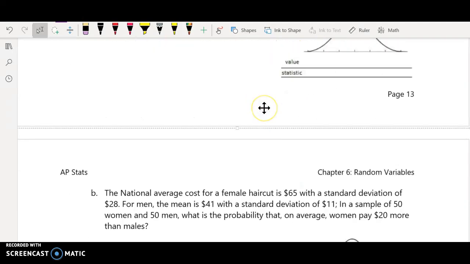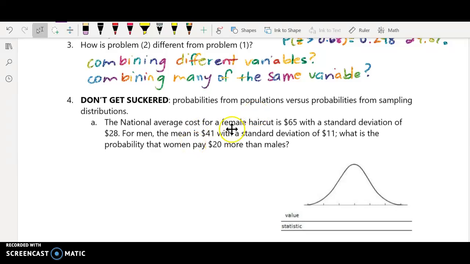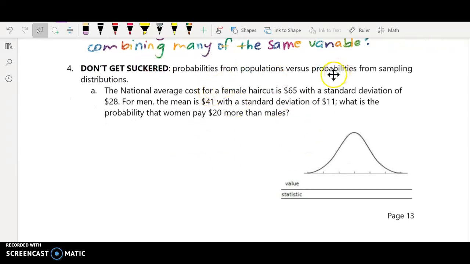So if I consider this problem here, the national average cost for a female haircut is $65 with a standard deviation of 28. Okay, so it says for men, what's the probability that women pay $20 more than men?